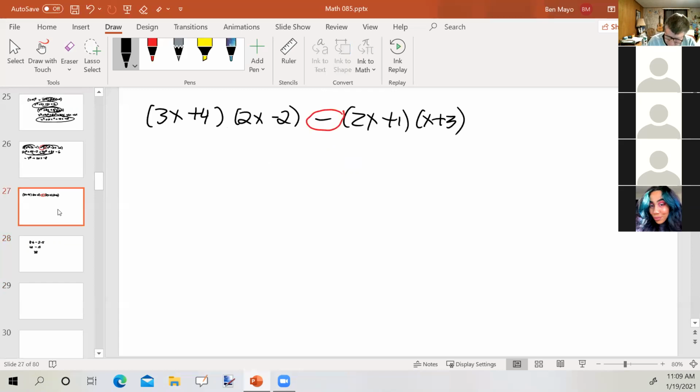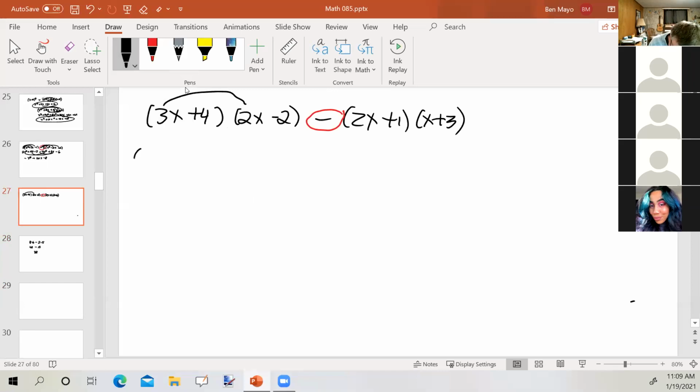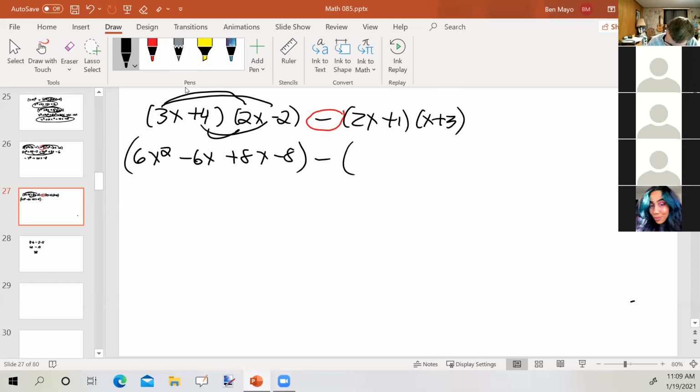Okay, now, so let's do the multiplication. We've got 6x squared minus 6x plus 8x minus 8 minus 2x squared plus 6x plus x plus 3.